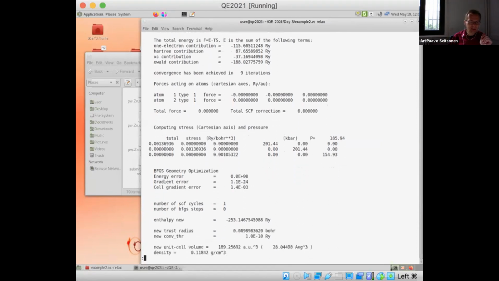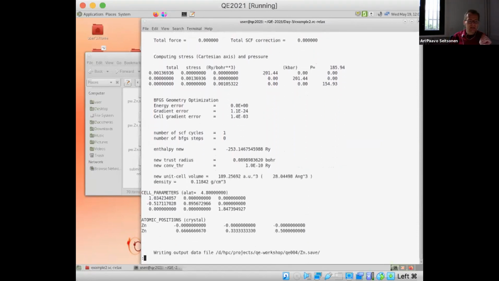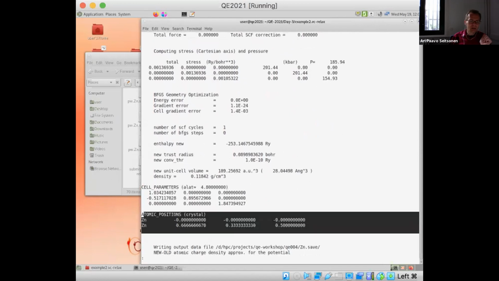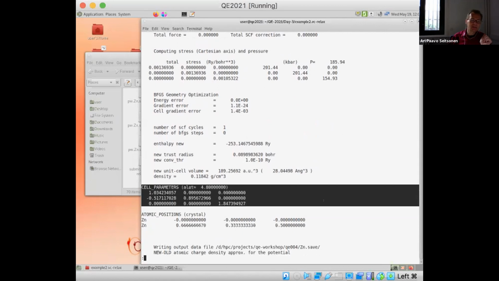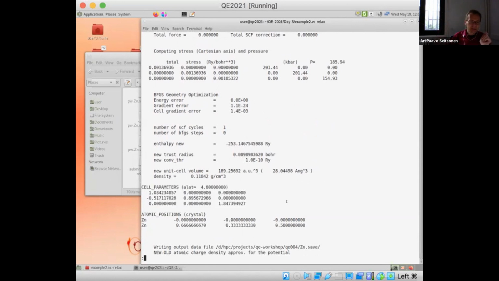But what does change then? The code does not only show the new coordinates; it also shows the cell parameters. And I mentioned initially it shows the initial values in the units of ALAT. Now it does the same in units of ALAT, which is this one.